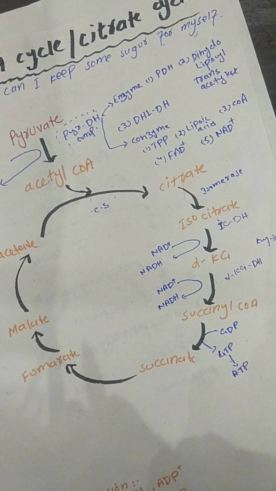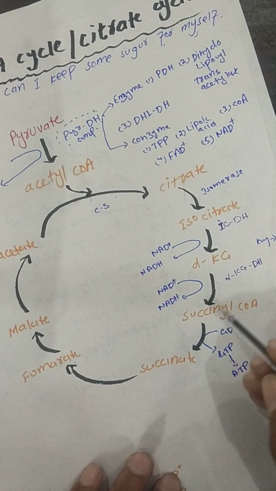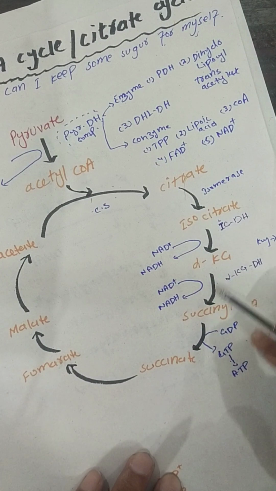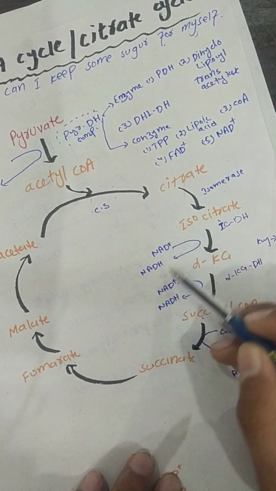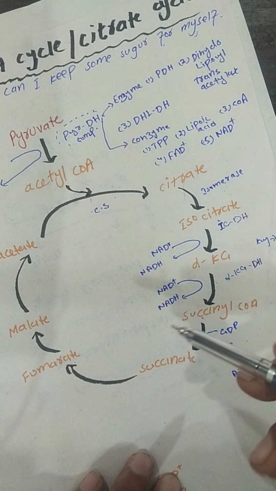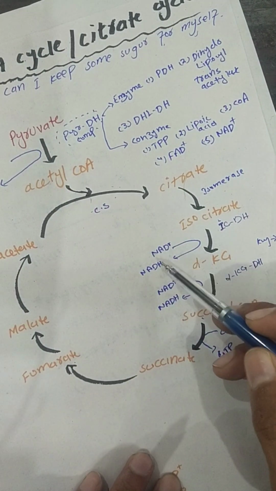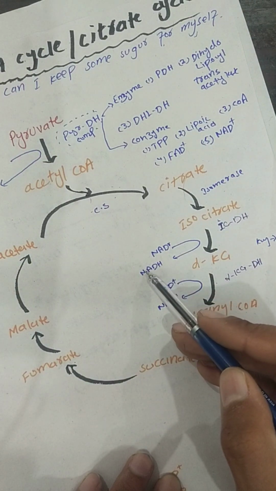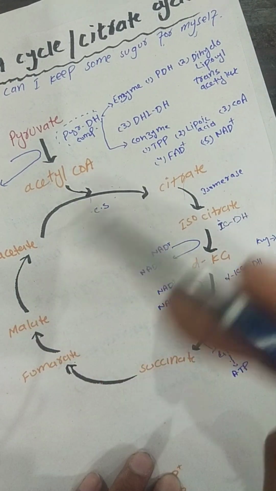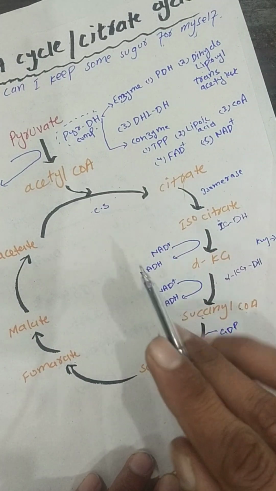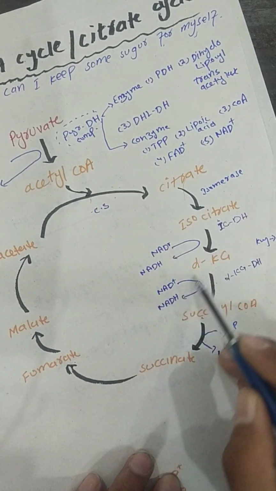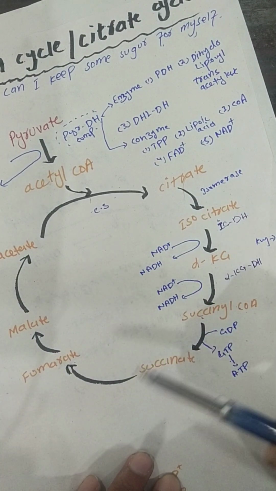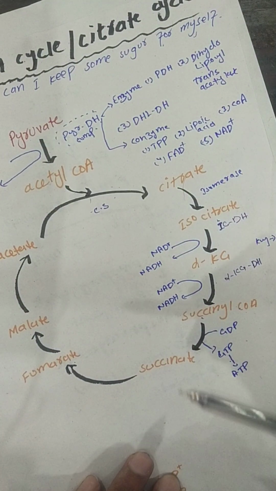It means that when isocitrate is converted to alpha ketoglutarate and then to succinyl CoA, these reactions give NADH. In the previous lecture I told you that when NADH goes to the electron transport chain, it produces 3 ATP. So in these reactions ATP is not formed directly. It is oxidative phosphorylation which produces the ATP.